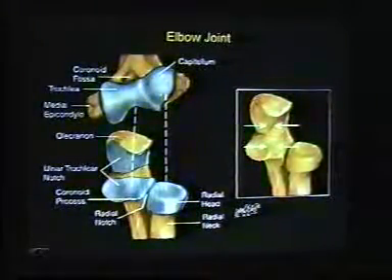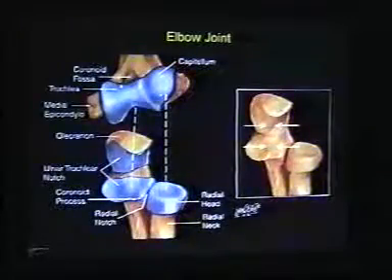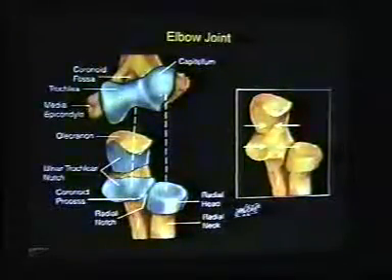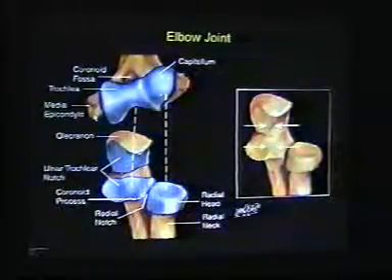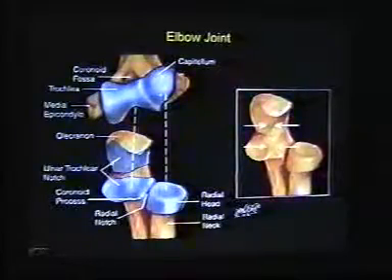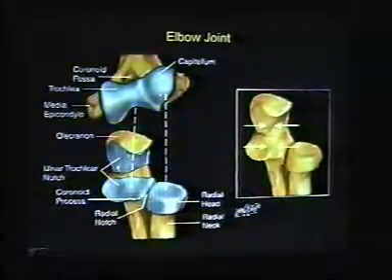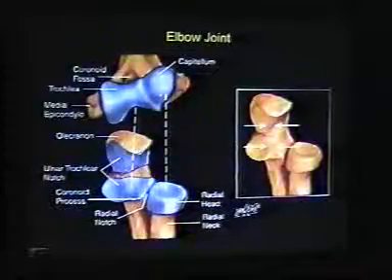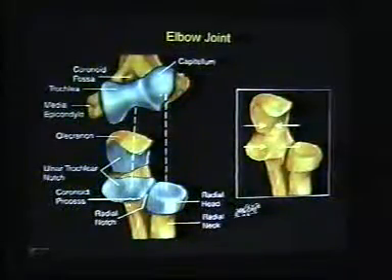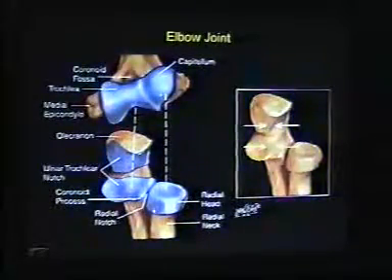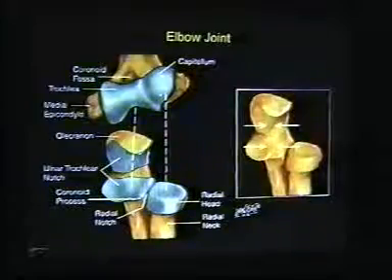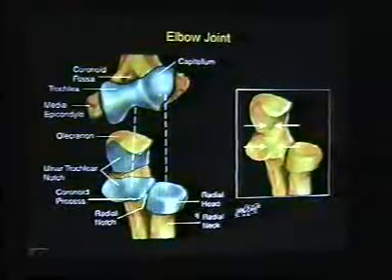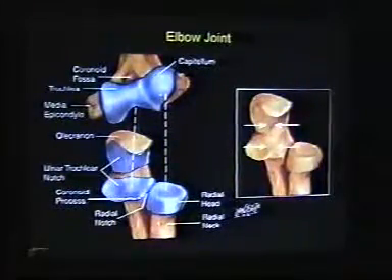We can see the capitulum, coronoid fossa, trochlea, the medial condyle, and olecranon, ulnar trochlear notch, coronoid process, and this is the radial notch, the radial head and radial neck.